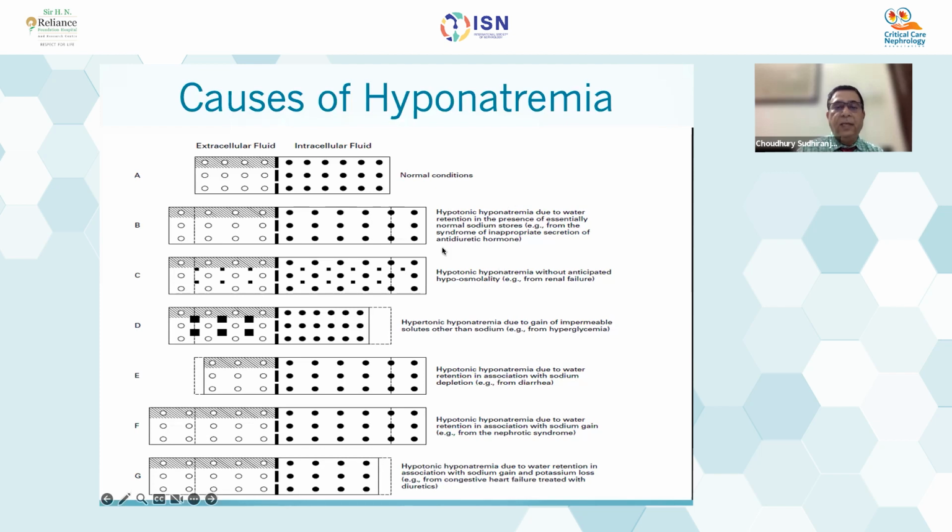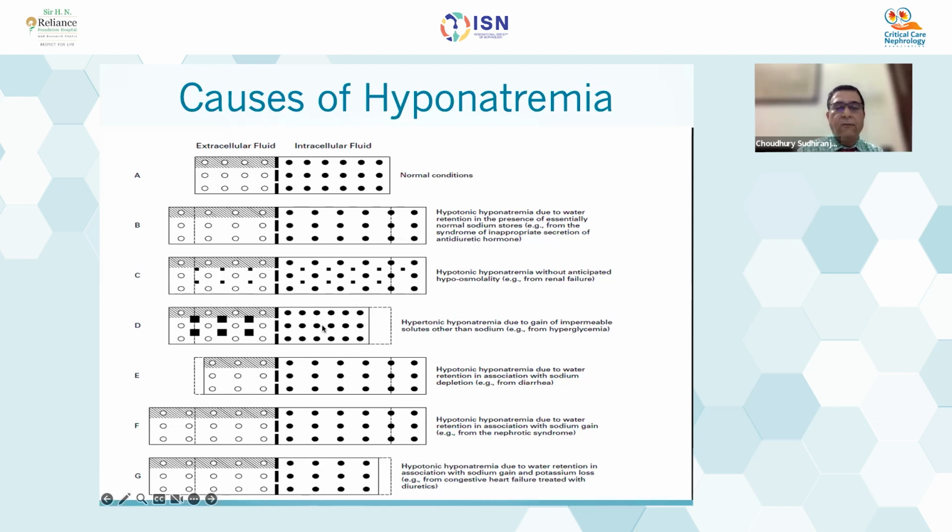Whereas if there is hypoosmolality due to renal failure, since urea is an osmotically active agent, there will be an increased volume from dragging of water into the intracellular as well as extracellular compartment, causing hyponatremia, which we call dilutional hyponatremia.